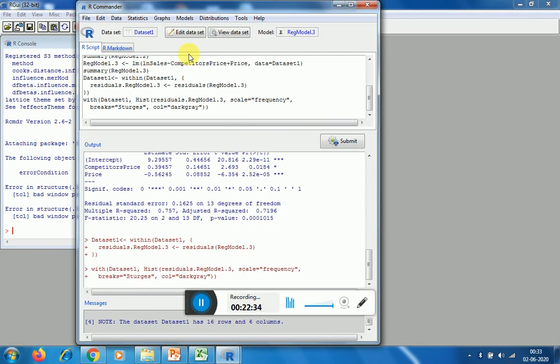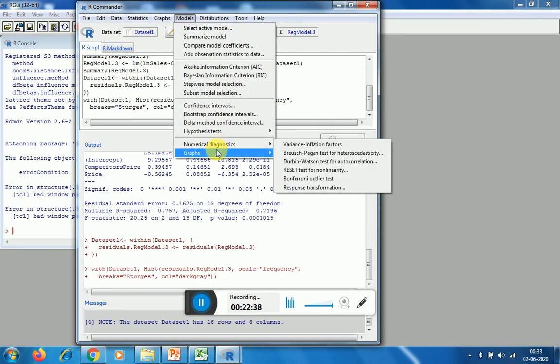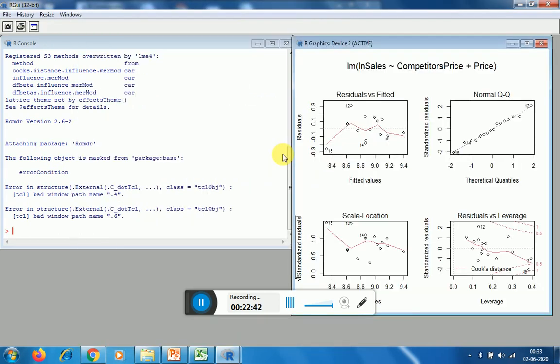Then you can even perform some other basic diagnostic tests. Normal QQ plot you can see for this matter. Here the residual line is there, and the points are not very much away from this particular line. There are only a few points which are going far away, but the rest of the points are near to this line.